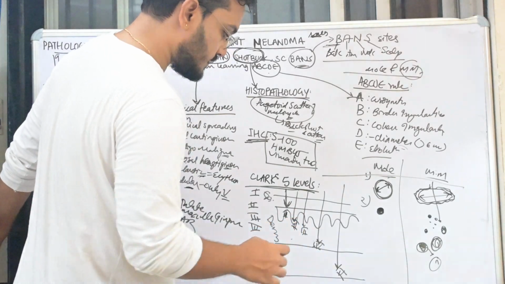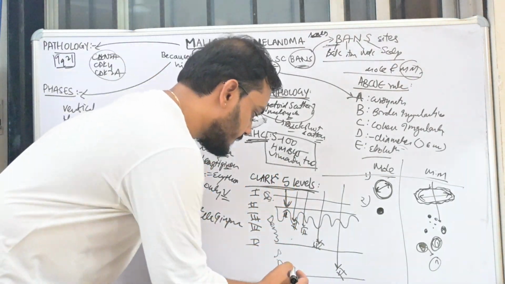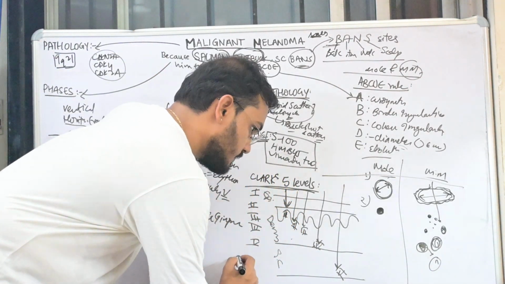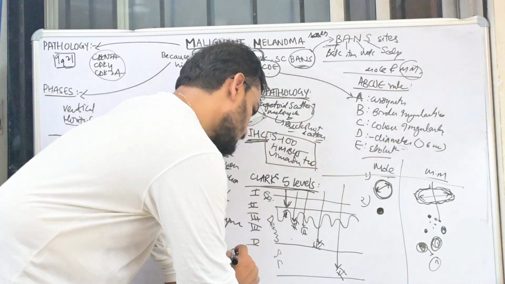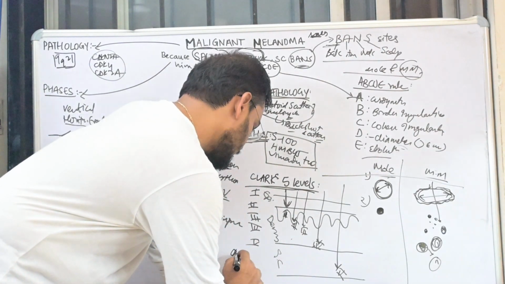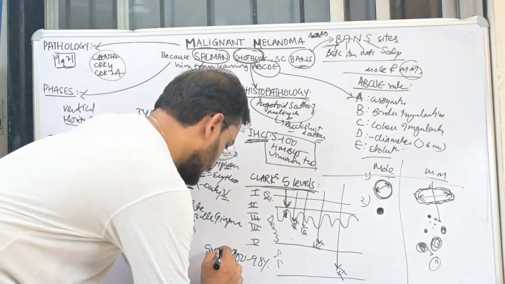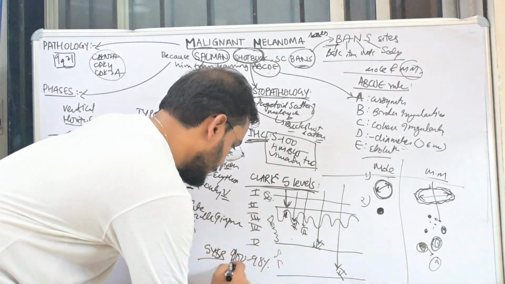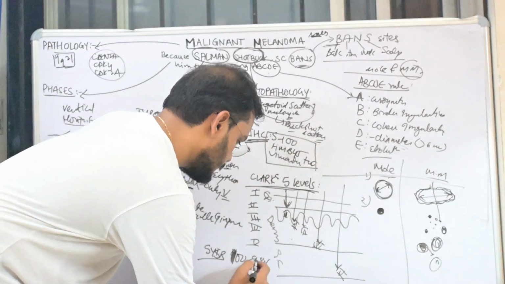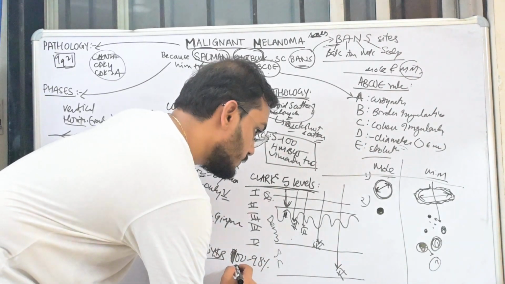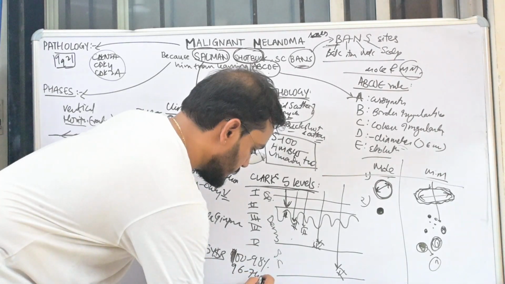Now we will talk about survival rate, because MCQs are asked on this. Level 1 has a 5-year survival rate of 100 to 98%. Level 2 is 96 to 74%.